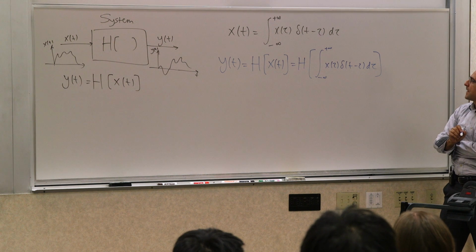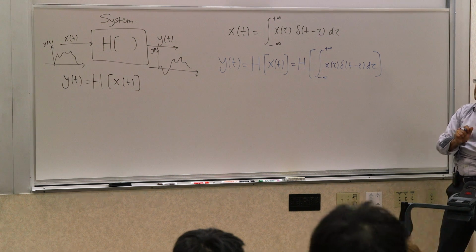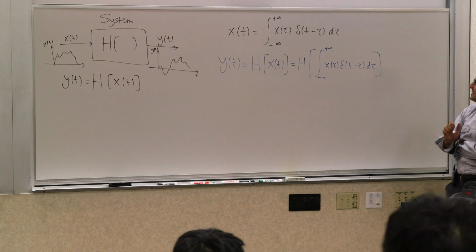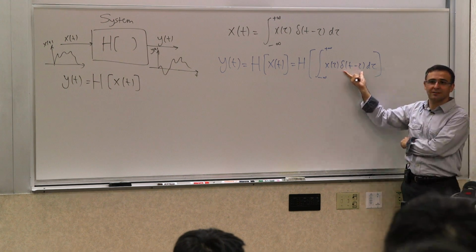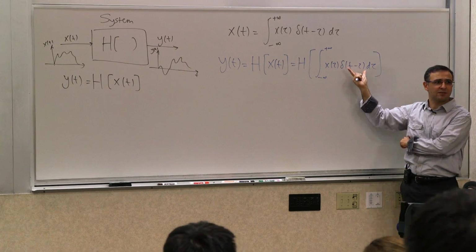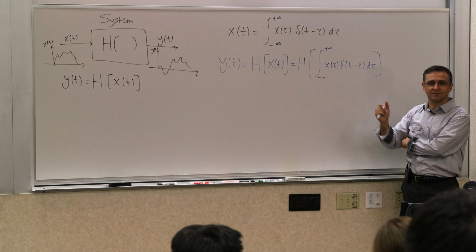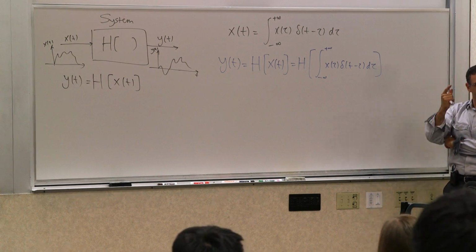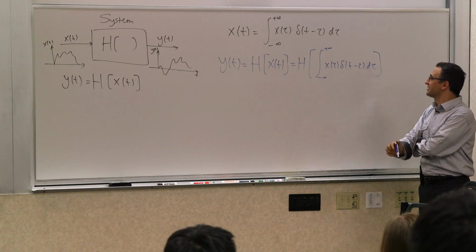Now, if I have a linear system, this is a bunch of little inputs, right? I can evaluate the response to this as individual responses to individual inputs, correct? Which is also known as superposition, yes.